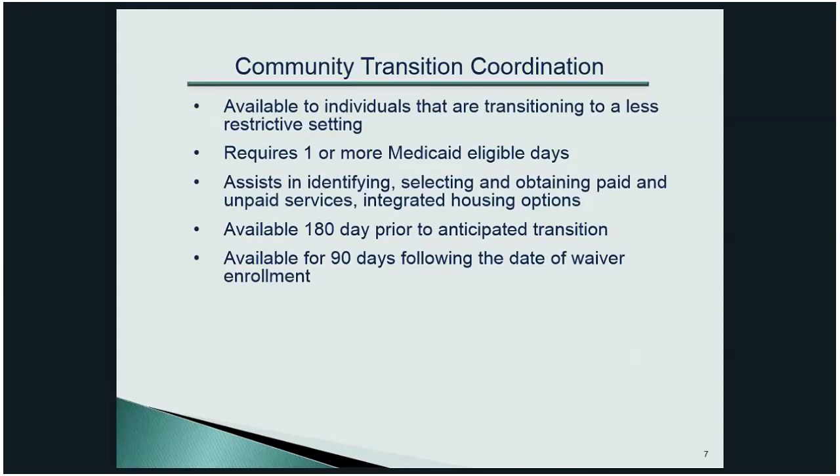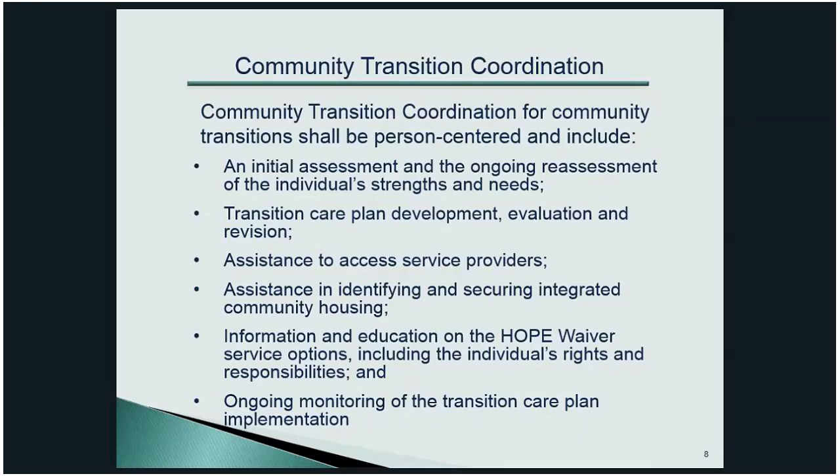Okay, so a little bit more about the community transition coordination or case management. Of course, it should be person-centered and would include things like an initial assessment and ongoing reassessment of the individual's strengths and needs, and transition care plan development, evaluation, and revision.